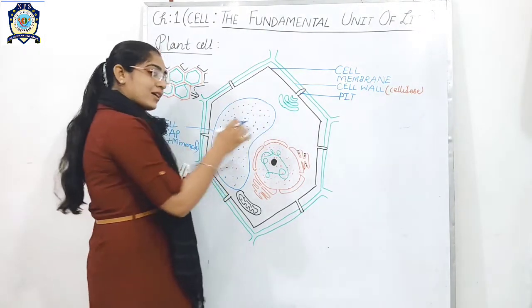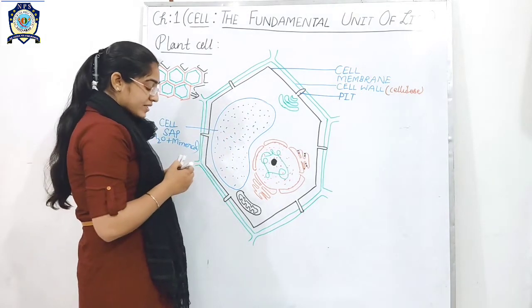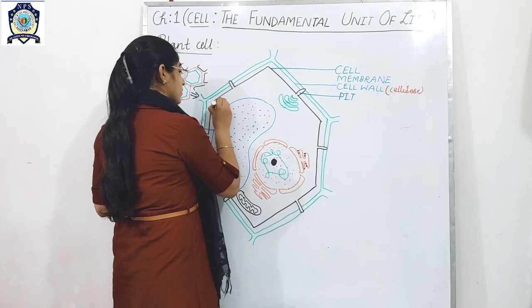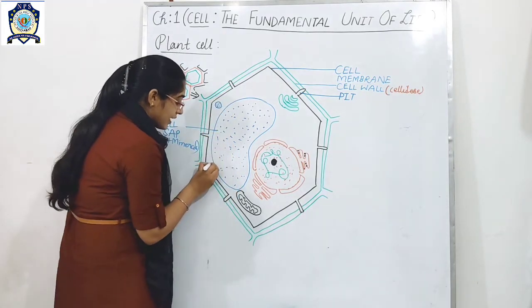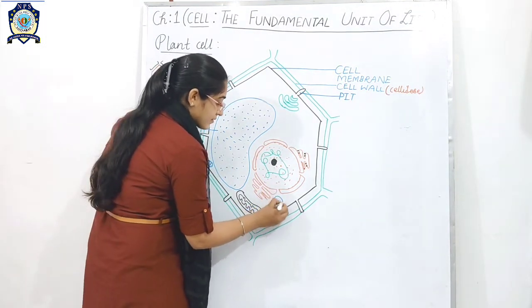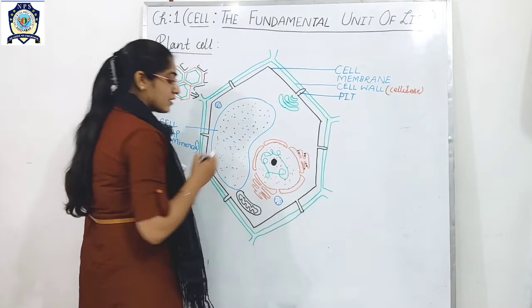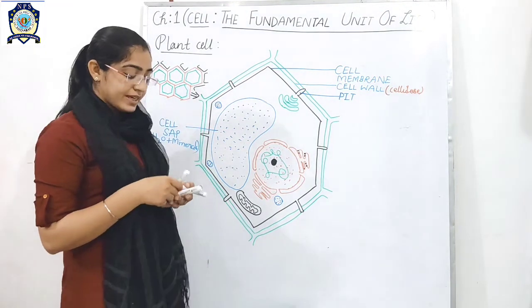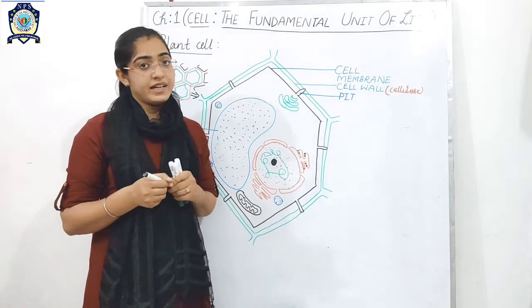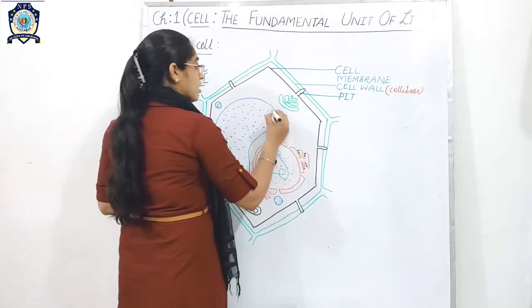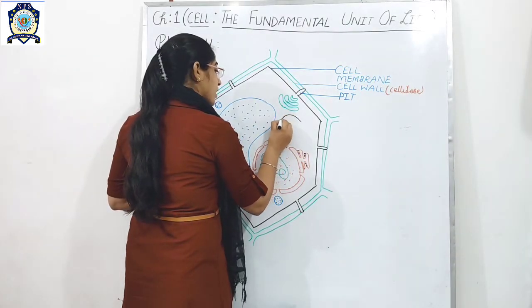And there are also the lysosomes. The number of lysosomes is less in plant cells. So this is the lysosome. Also there is an important organelle, and that organelle is called the chloroplast.